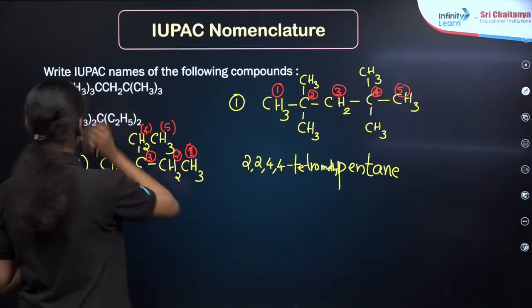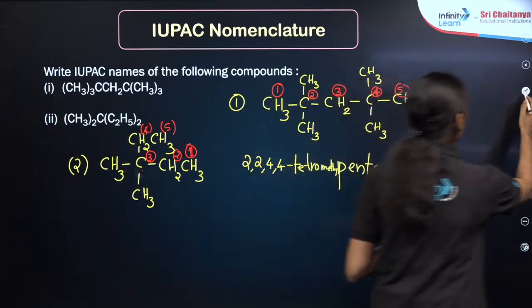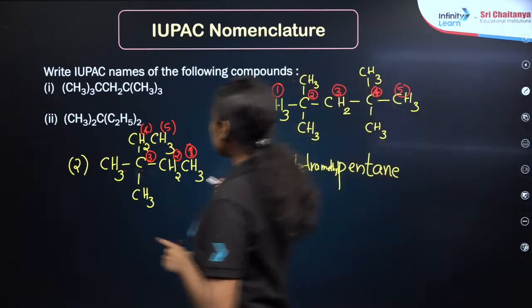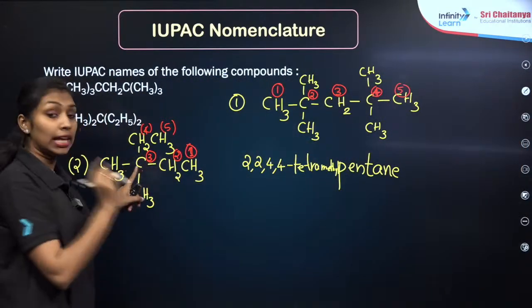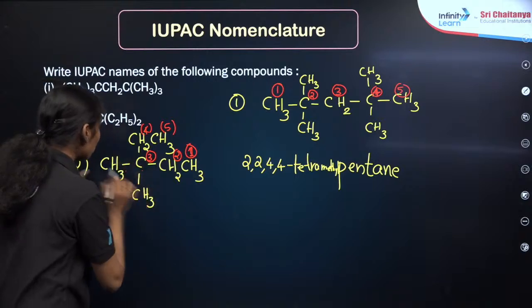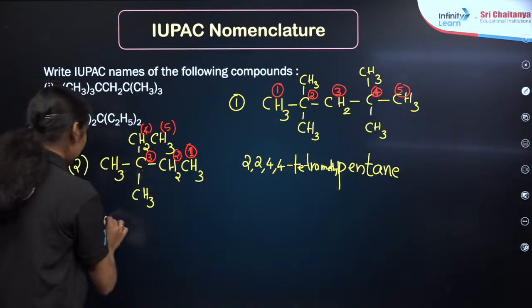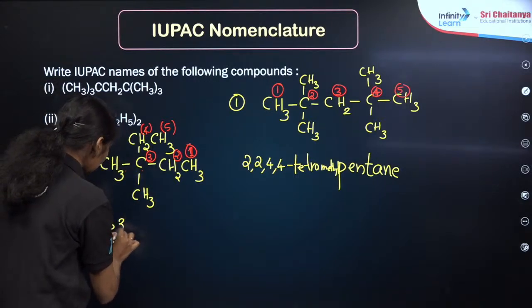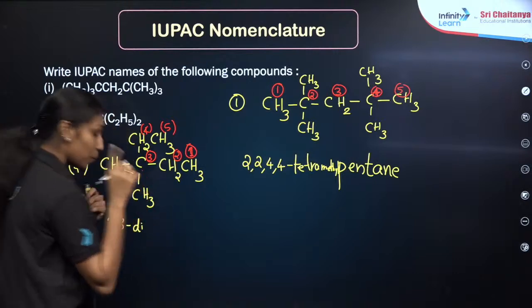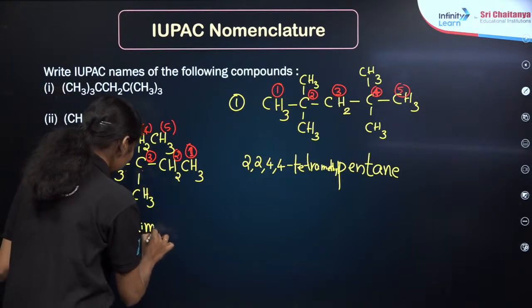So it will be a pentane group, right? While numbering here, I can say that in the third carbon, there are 2 methyl groups, right? So I will write the name as 3,3, 2 methyl groups, so it will be dimethyl.